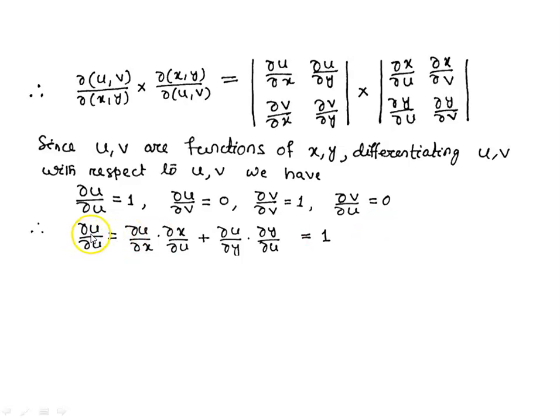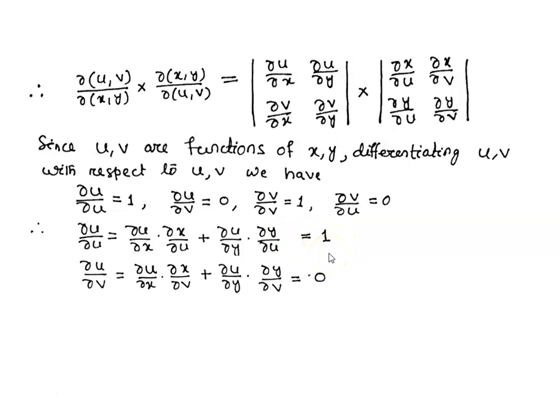We know that del u by del u is del u by del x into del x by del u plus del u by del y into del y by del u. But here we have seen that del u by del u is 1. So this sum is equal to 1.